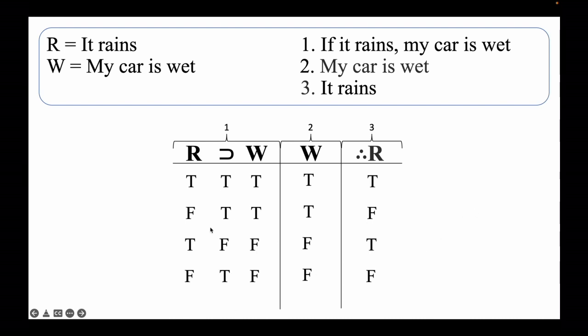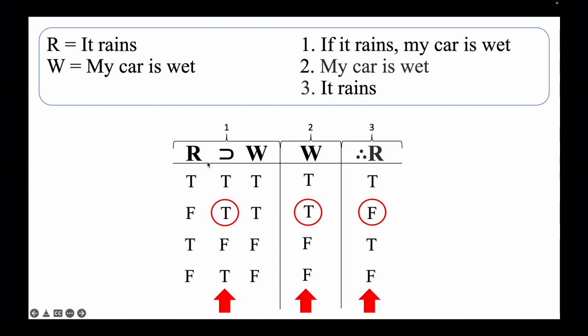So remember that at this point, with a traditional table, we would have to look at each row and try to find that pattern, where the premises are true and the conclusion is false. And lo and behold, it is in the second row.